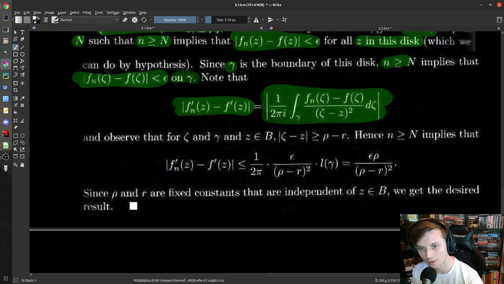We're using, once again, this bounding theorem from chapter 2 that we keep using. That is, if we have a bound on the integrand, you take that bound times the length of the curve. Easy.